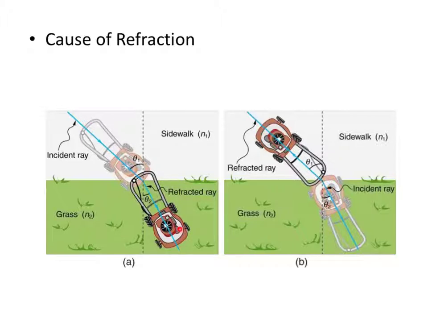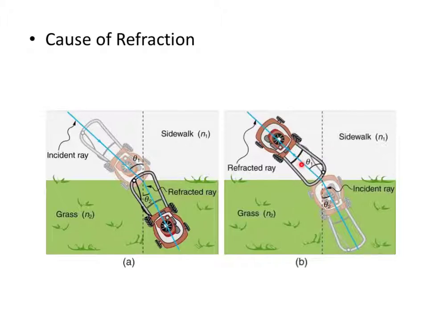Now this diagram over here is just the opposite. Here you've got the lawnmower in the grass, and the right wheel hits the sidewalk first where it's going faster. Here the left wheel is still in the grass where it's going slower, so it's going to tend to rotate around and bend in this direction right here.